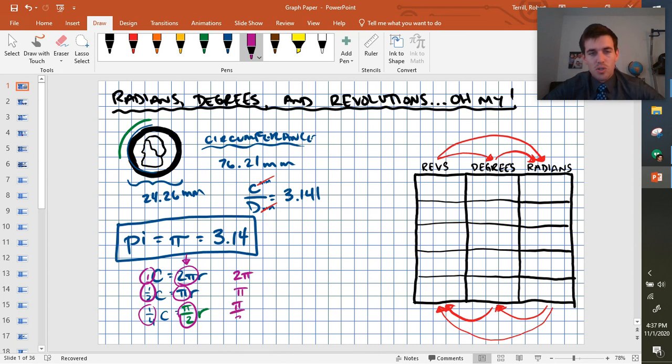Pi over 2 is a quarter of a circle. And depending on how many fractions of pi we want to deal with, we can talk about how much of a circle we have. So this is the idea of a radian. A radian is a measure of how much of the value pi you've moved around relative to the radius and circumference. So it's a useful measurement that is unitless.